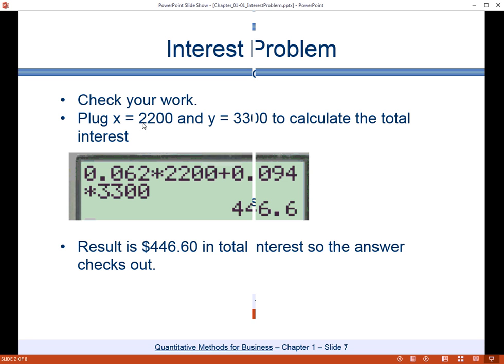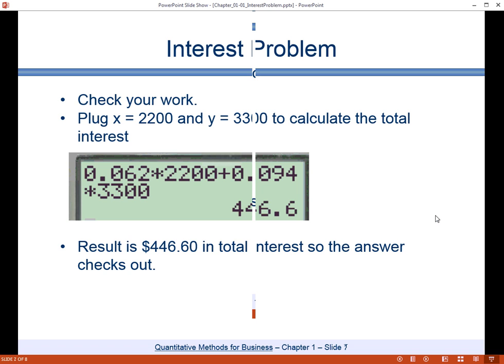The other piece is that 0.062 times x plus 0.094 times y has to add up to 446.6. So we do that calculation: 0.062 times 2200 plus 0.094 times 3300 should add up to my 446.6. You do that calculation, it does. The result is the total interest, so the answer checks out.